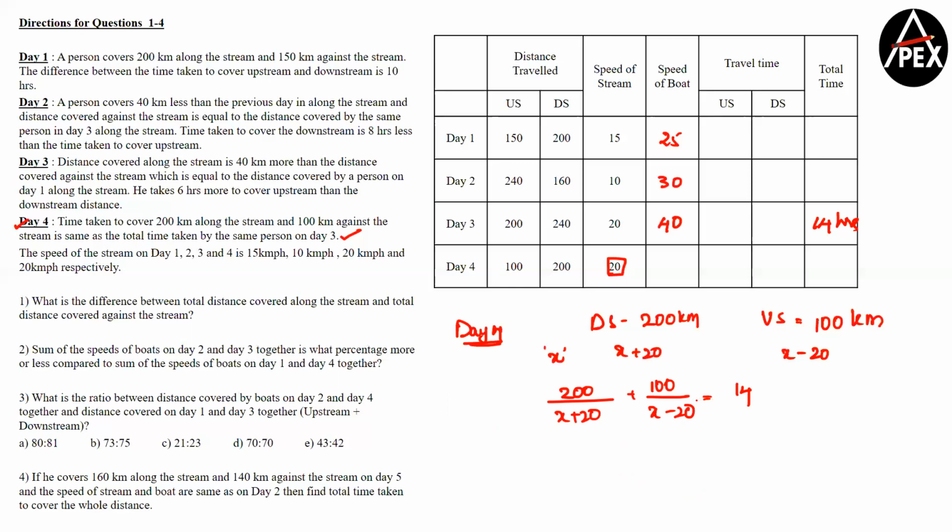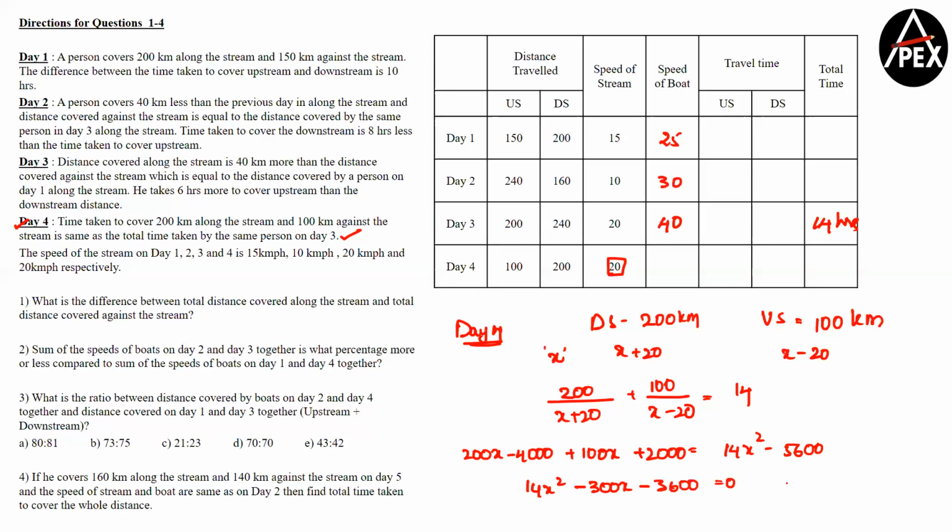Now 200x minus 4000 plus 100x plus 2000 will be equal to 14x square minus 14 into 400, 5600. So 14x square minus 300x minus 3600 is equal to 0.